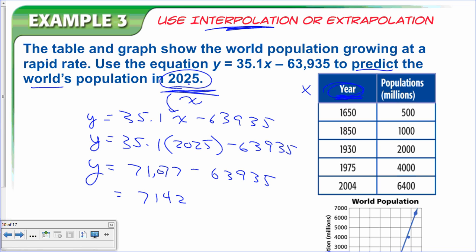Okay, now, we have to understand that this is in what? Millions. Okay, so this should be 7,142 million. That's right. Guys, see how we're doing that? Anybody have any questions on that?